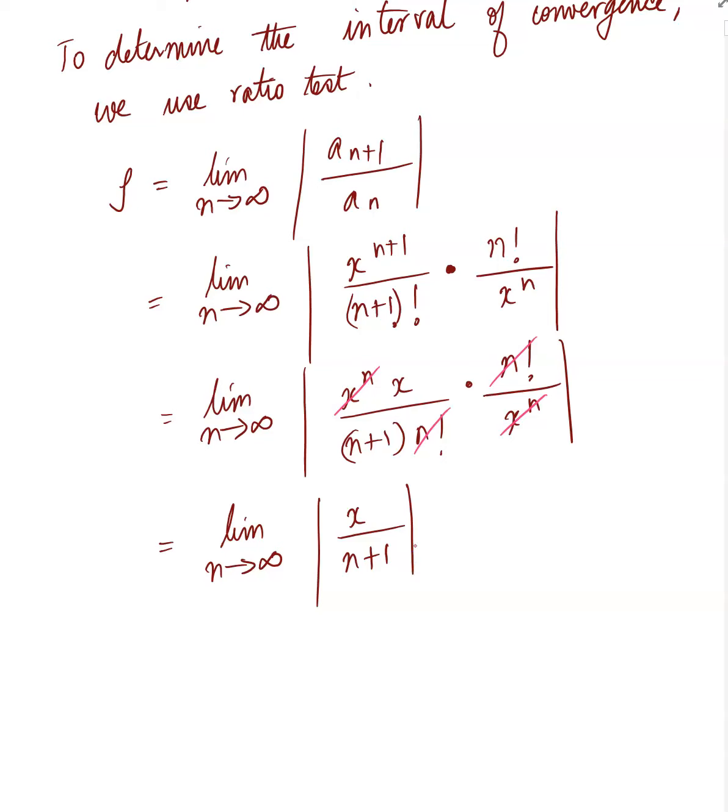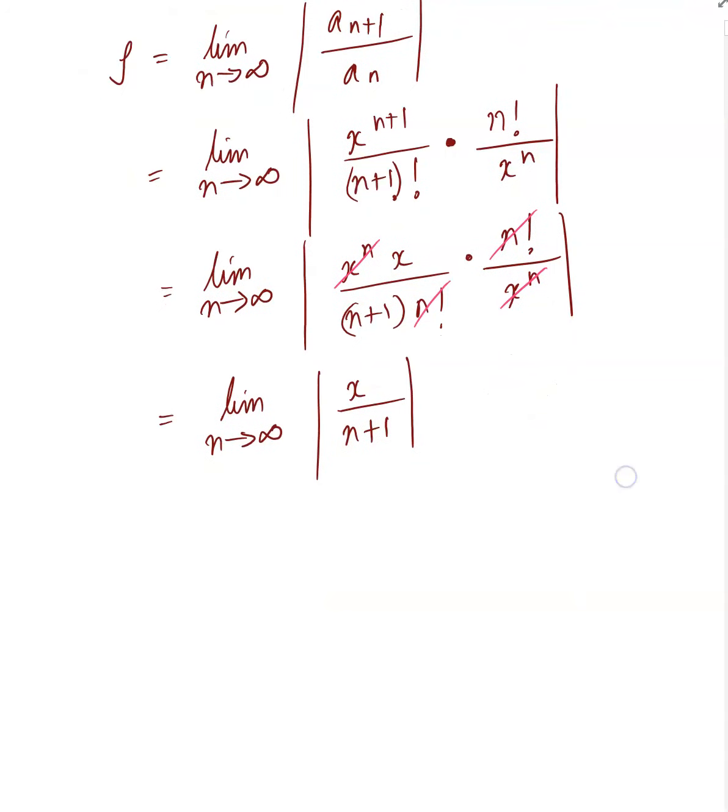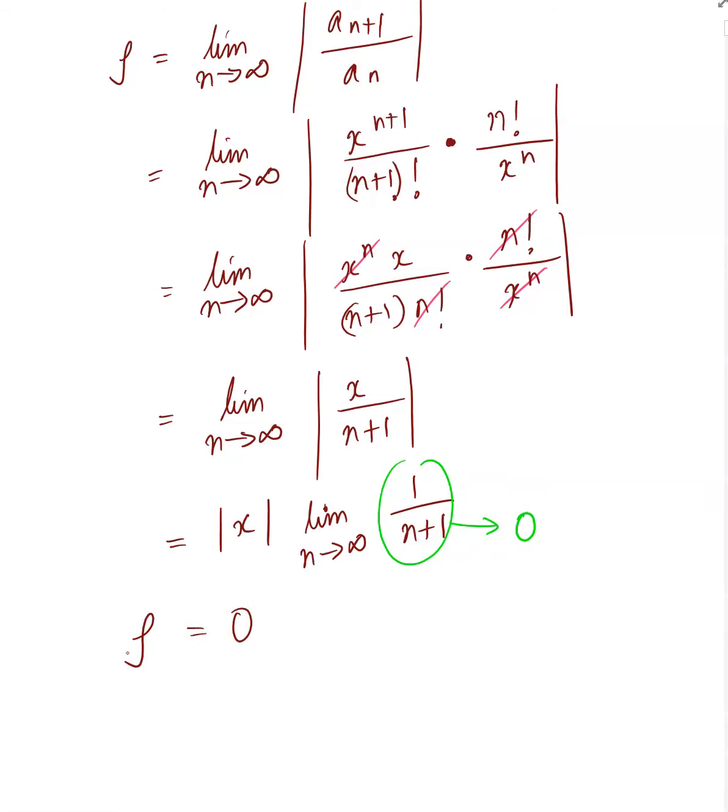Okay. Now again the focus is on n, so we can pull out the x. Moreover, x can fluctuate, it can take positive or negative values, but n can only take positive values, so the absolute value remains for the x, and that's pulled out because of the constant nature of it. 1 over n plus 1. And we know that this approaches 0. So x times 0 would be 0. So rho equals 0 is what we get.